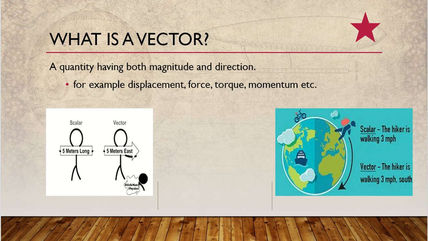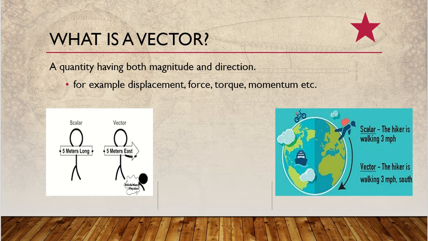Now let us move to the definition of vector. What is a vector? A quantity which is having both magnitude and direction. Here, the quantity not only exhibits magnitude, not only exhibits value, but it is having a particular direction. Those physical quantities are known as vectors.